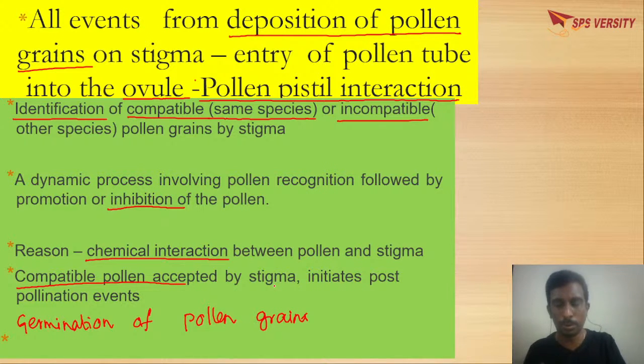This germination of pollen grains depends on the compatibility of the stigma. So when they are compatible, the next process continues.